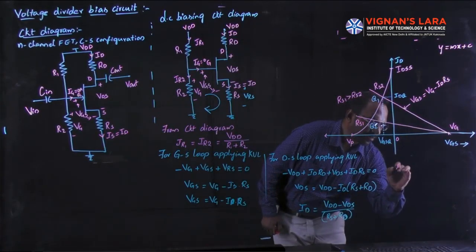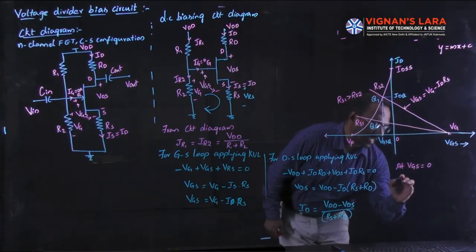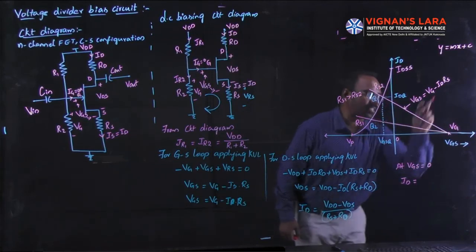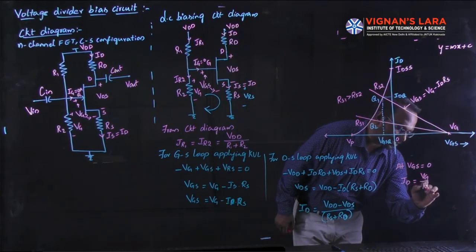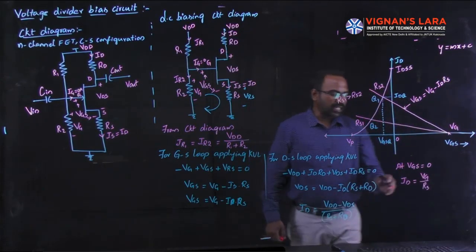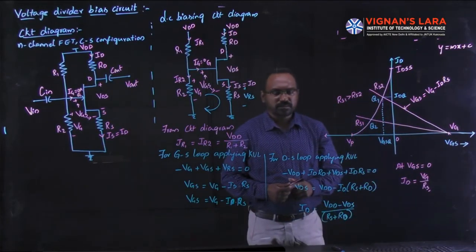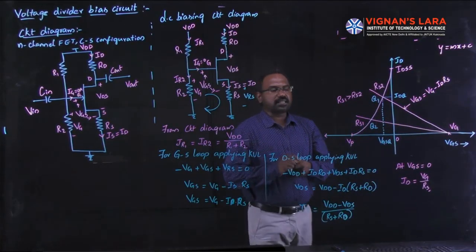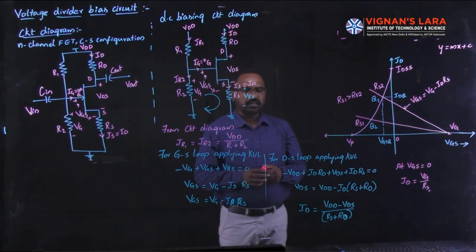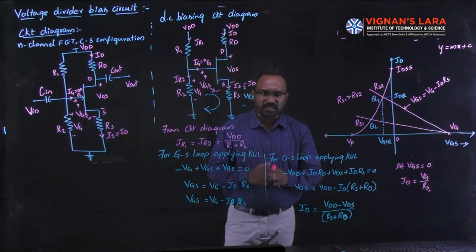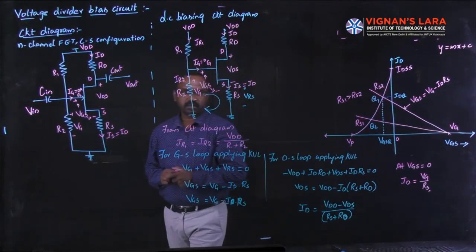So at VGS is equal to 0, the current ID will be equal to, from this equation, VG by RS. That means here, this ID value is depending upon this RS also. So this is how the quiescent point is going to vary in fixed bias, in voltage divider bias for field effect transistor.